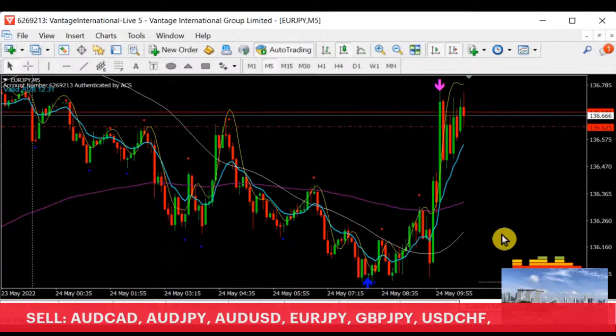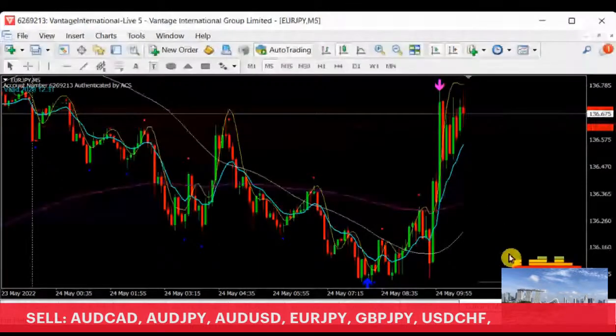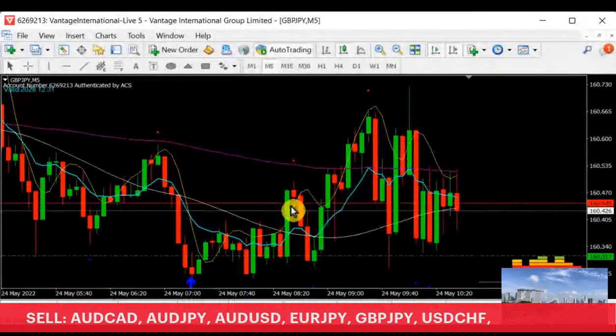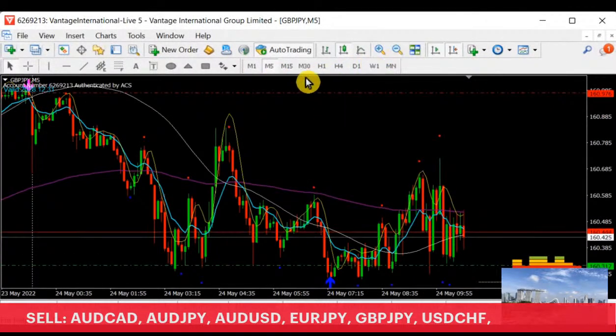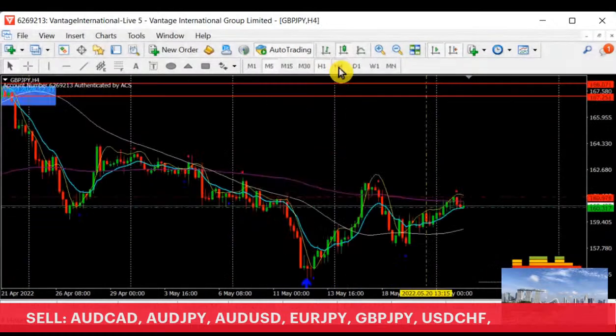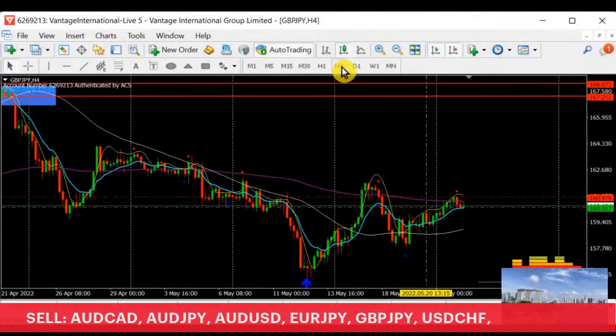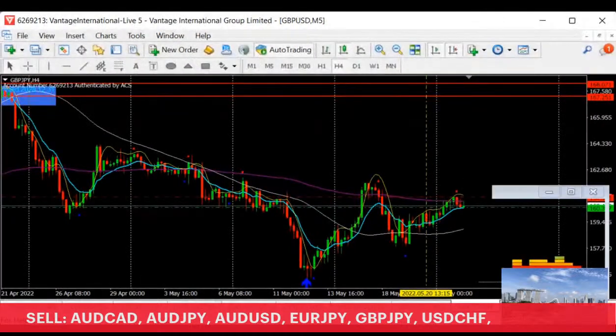As for pound yen, it is actually coming down to retest the support again. Still a while to go, so let's hang on.